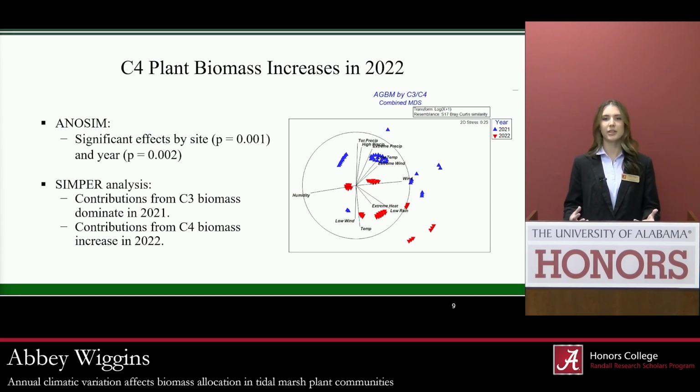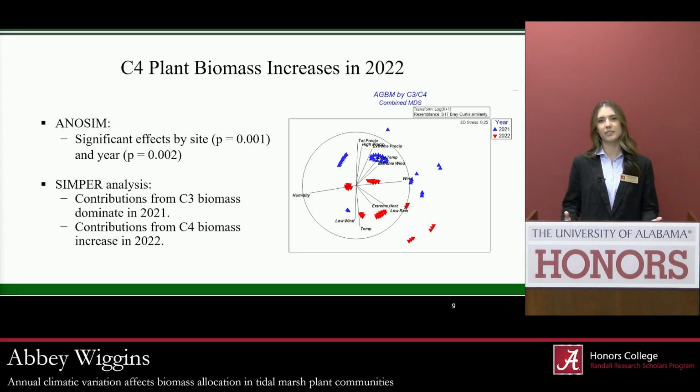And so with the similarity percentage analysis, again, you see that contributions from C3 biomass contribute 76% to all the similarities between plots in 2021, but that this drops to 63% in 2022, and you see more contributions from C4 biomass in 2022, which is the warmer and drier year than 2021.